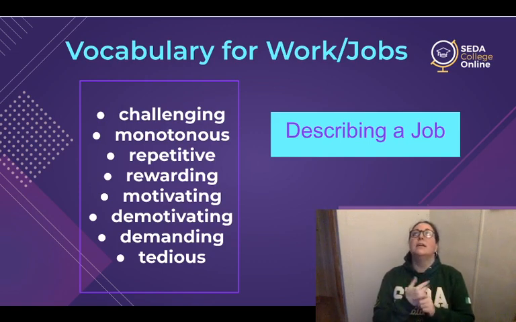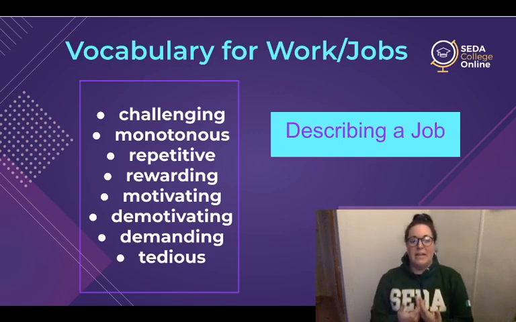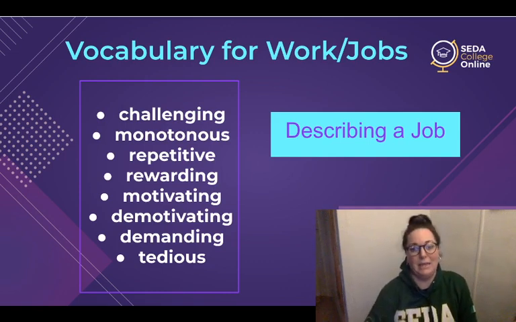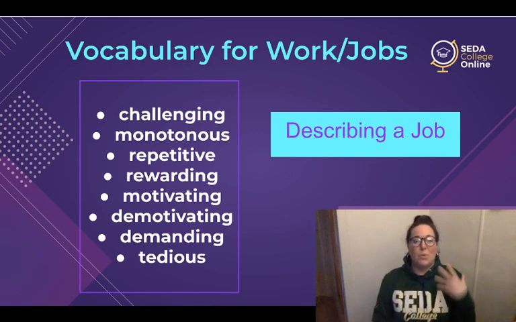Challenging. That's 3 syllables. And this is what we use to describe a job that is not easy, but we enjoy it. You might do a lot of problem solving at this job if it's challenging. It's difficult, but in a good way. A challenge is not necessarily a bad thing. So that's important to remember.